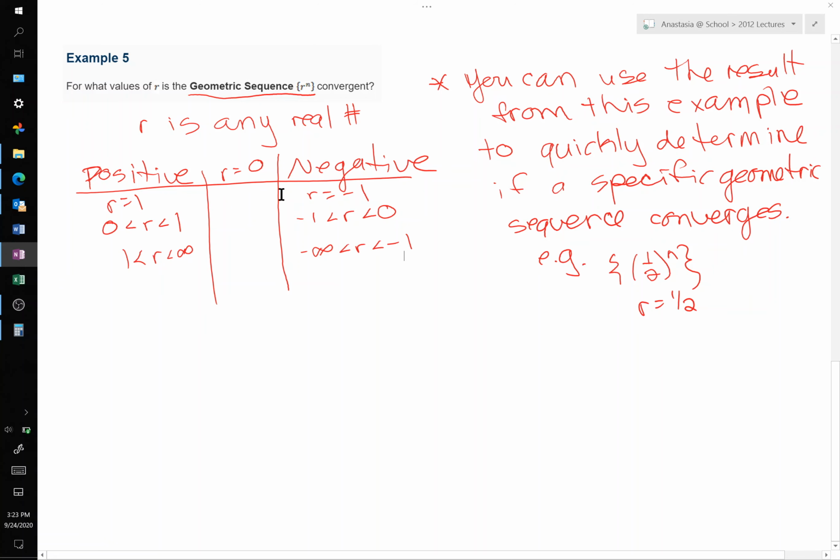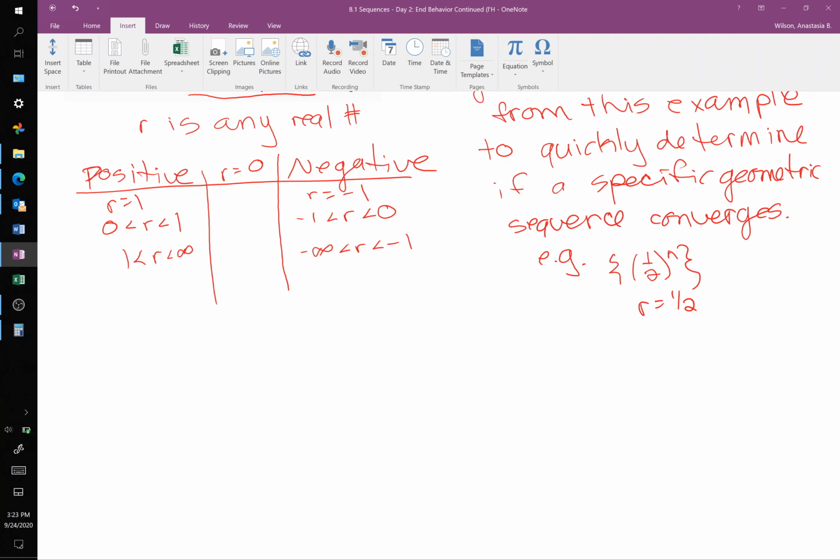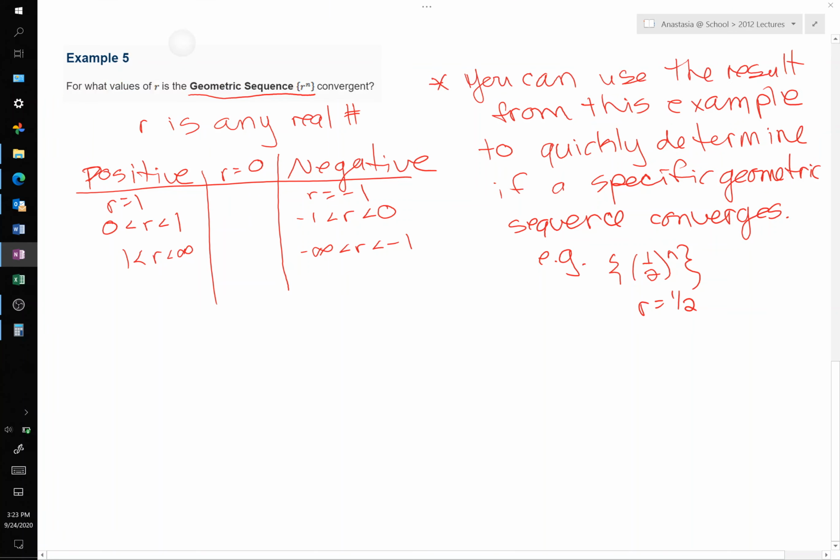So we're going to have 7 different cases here, including r equaling 0 separately. So let's start with r equaling 0, because that's a very easy case. Then we'll do our positive values, let's say 2nd, 3rd, 4th, and then we'll do our negative values 5th, 6th, and 7th. So that's going to be the order that we're going to go in here.